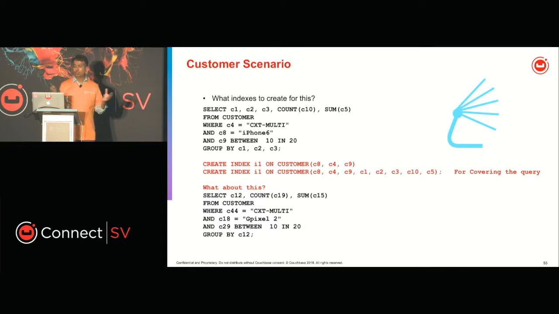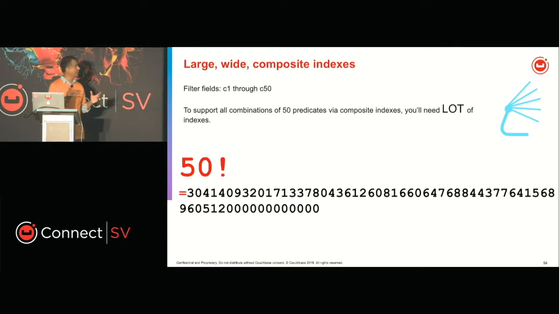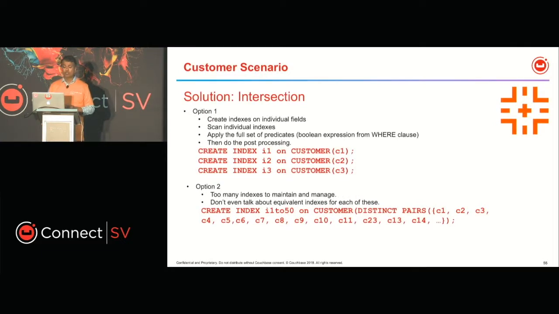For a 50 key document, if you want to create the right index for every combination, it's 50 factorial. You would need to create that many indexes. This is more than the number of atoms in the universe or something like that. But there is an elegant answer to this.